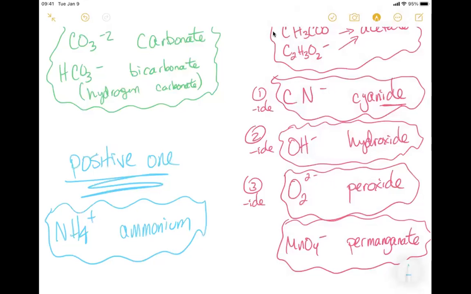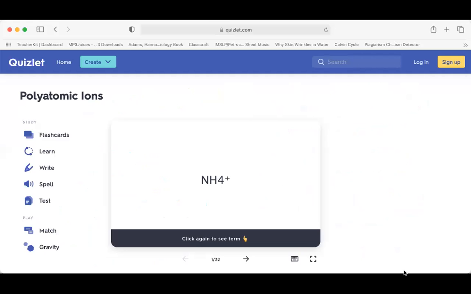But what I just want to do now is run through, where is it now? I had a website. Can I see that, please? There we go. So I thought what I would do is, this is Quizlet. It's a good website: if you just type in a topic, I just Google searched polyatomic ion Quizlet.